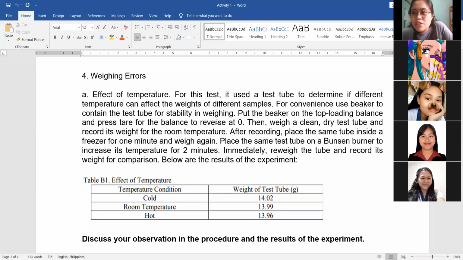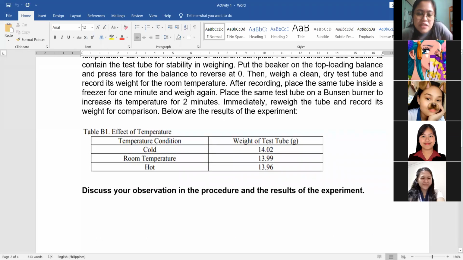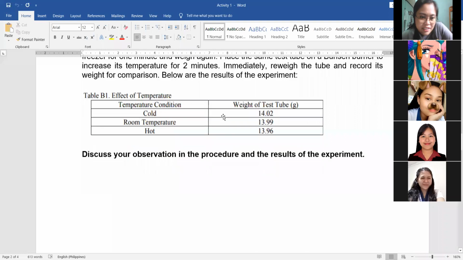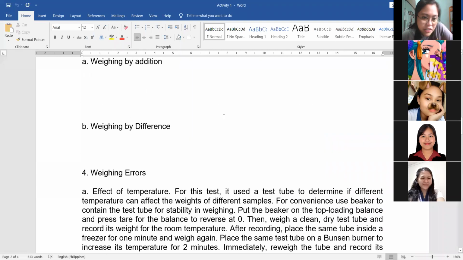And then I have also included the results of the experiment since we cannot do this inside the laboratory. So, I included the results. All you need to do is to discuss your observation in the procedure. At the same time, you have to discuss what you have observed from the results given. The same thing for the weighing errors.